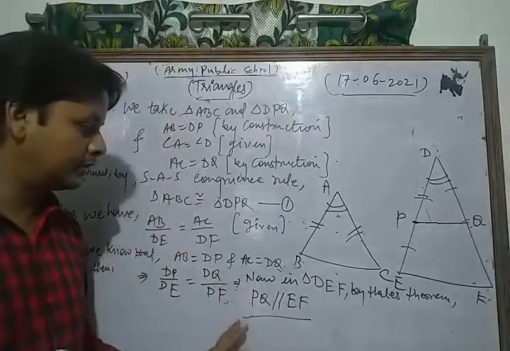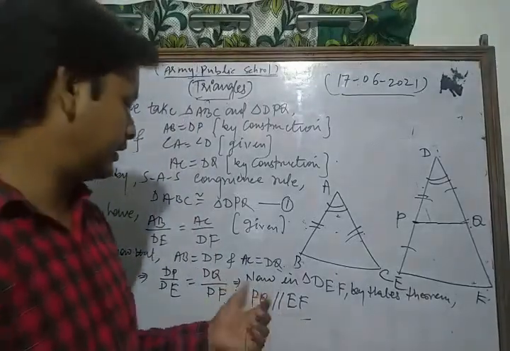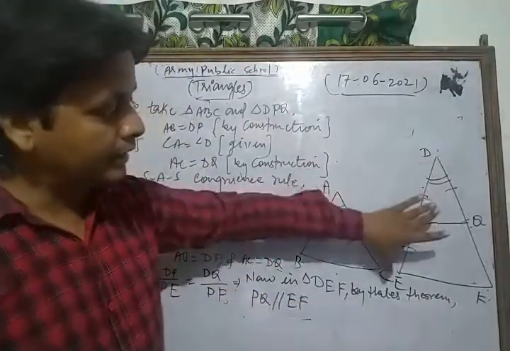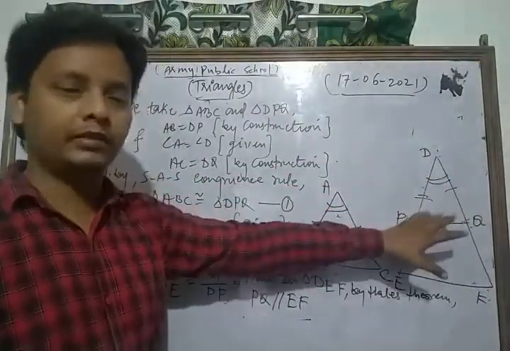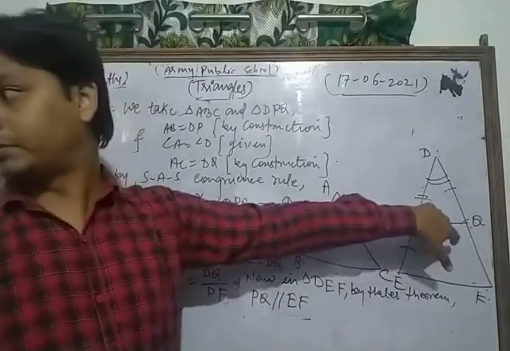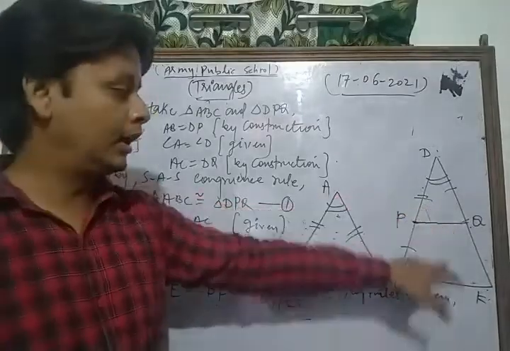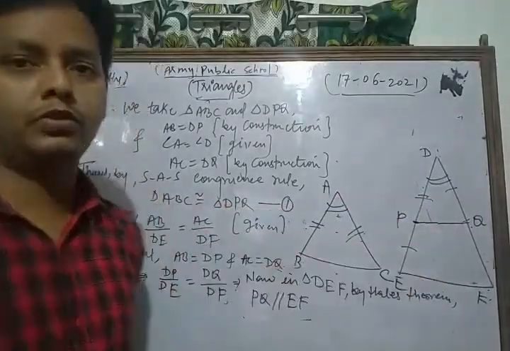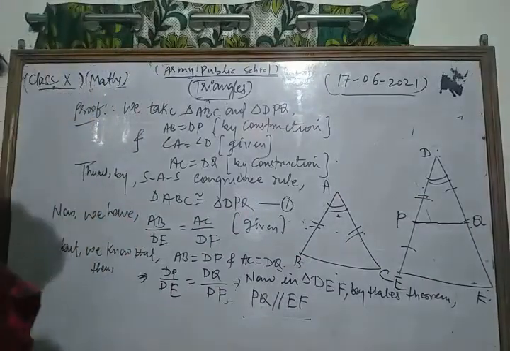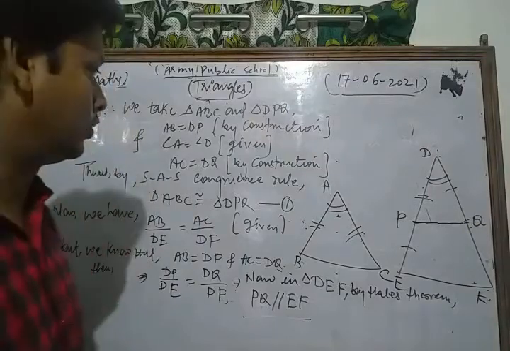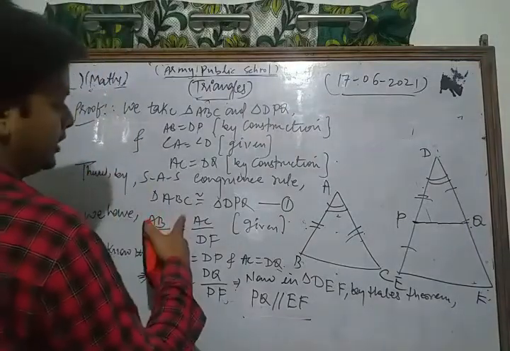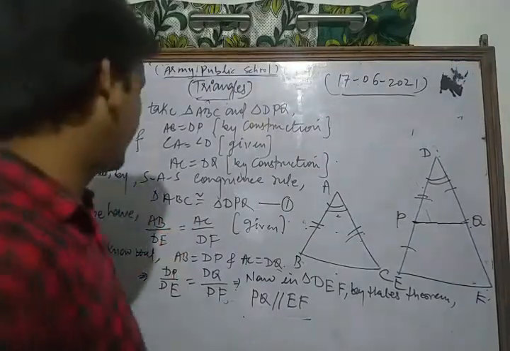So dear students, here it is clear that DP upon DE is equal to DQ upon DF. Then by the converse of Thales theorem, line segment PQ is parallel to EF.